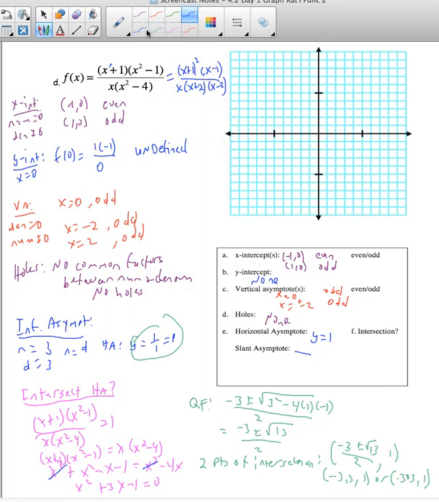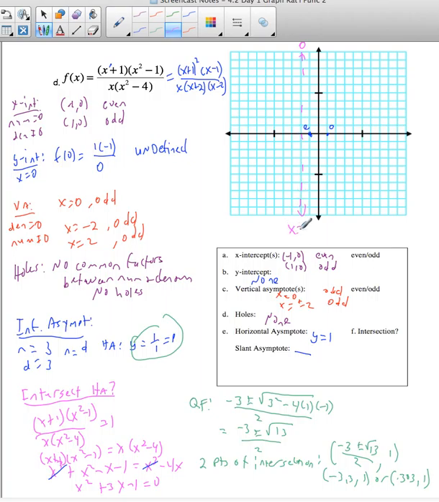Let's go ahead and put on our x-intercepts. So we've got one at negative 1, 0, that has even multiplicity, and one at 1, 0 with odd multiplicity. I'll put the vertical asymptotes on at negative 2, 0, and 2. So x equals negative 2, and these all have odd multiplicity.